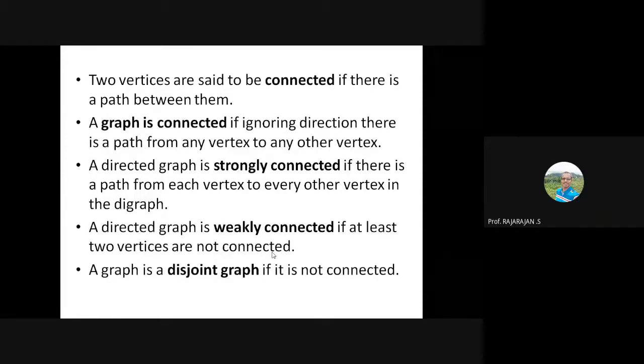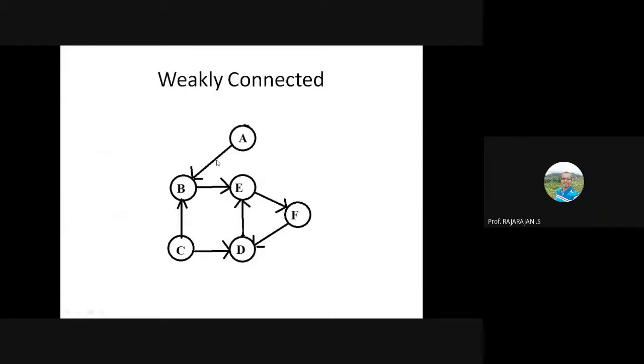I'm going to simplify this by showing this example. So I'm saying this is a weakly connected graph. That is because obviously you can't reach C. C doesn't have a path from any vertex. Similarly, you can't also reach A because of the direction. So this is weakly connected.